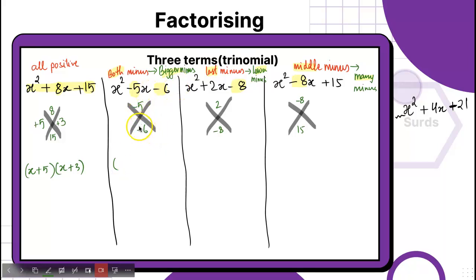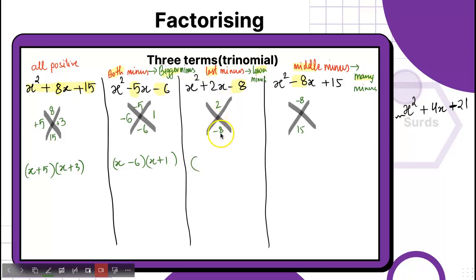What multiplies to give you 6 and adds to give you minus 5? So 6 and 1 are going to be the factors, and bigger minus. So 6 will be minus. When both minus, bigger minus. Finding factors is easier for you, no? Now x minus 6 and x plus 1.